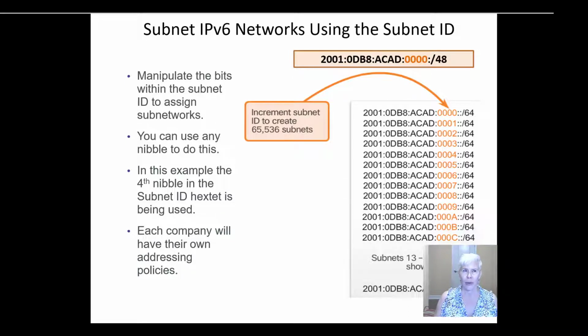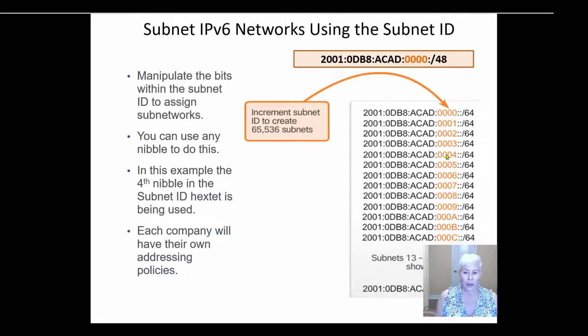The good news about IPv6, I can really do whatever I want to make the subnet ID unique from another subnet ID, as long as I'm following whatever my company's policies are for addressing. This is why I say that subnetting IPv6 is much simpler.